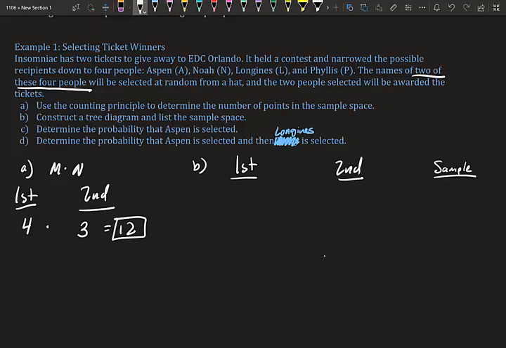For our first pick, Aspen can win, Noah can win, Longinus can win, and Phyllis can win. Then for our second pick, if Aspen wins, Aspen's out now because they already won, so Noah can win, Longinus can win, or Phyllis can win.